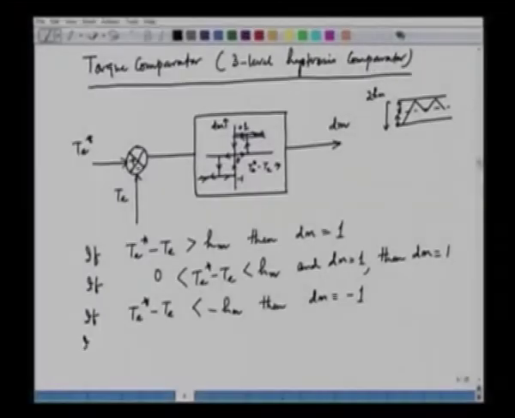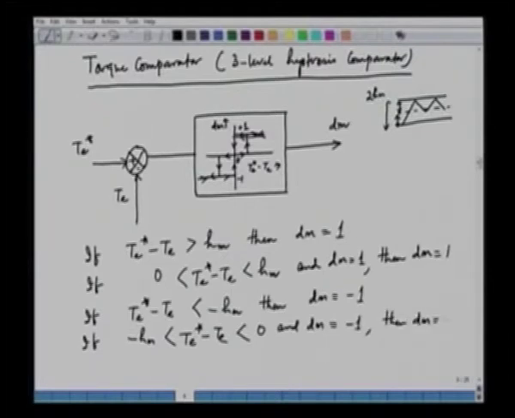And similarly, if Te star minus Te is greater than minus of Hm, and less than 0, and dm is minus 1, then the status quo is maintained, dm is minus 1.